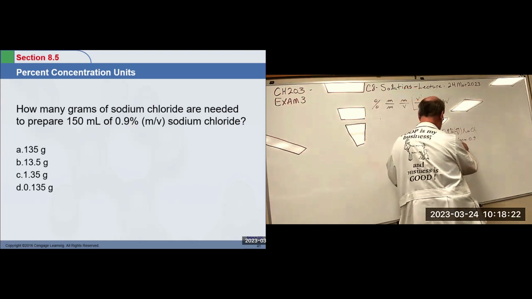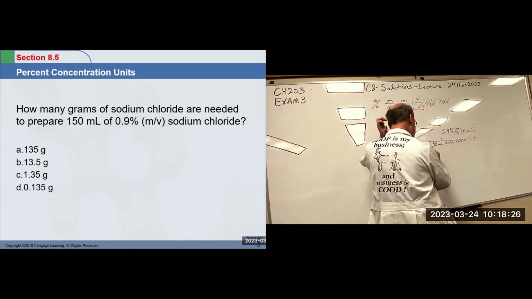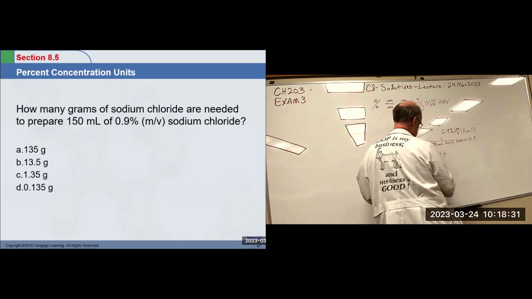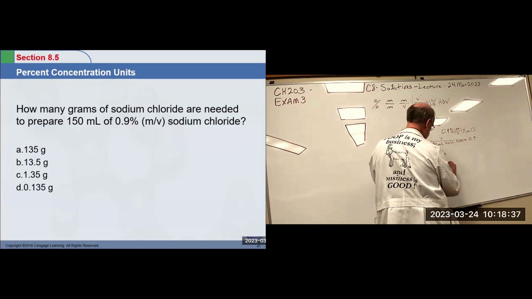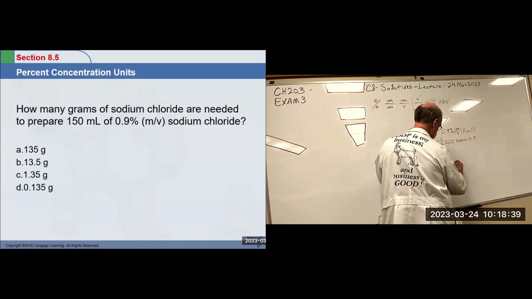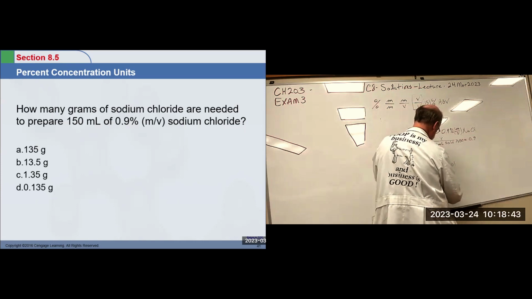All right, so this one, this would be 100x over 150 equals 0.9. So 150 times that would be 100x equals 0.9 times 150. And then x would be that expression divided by 100.